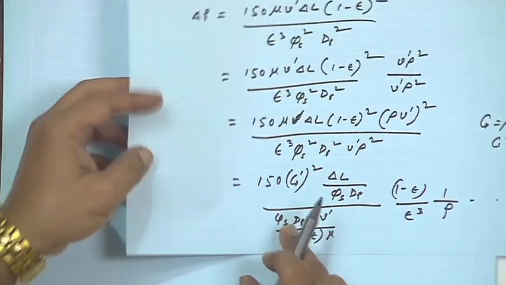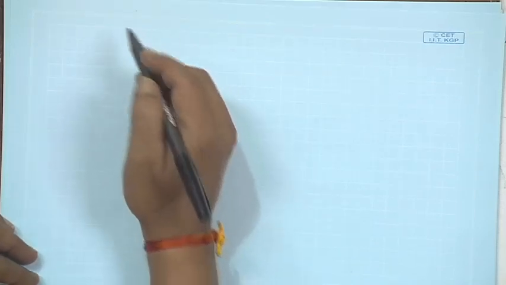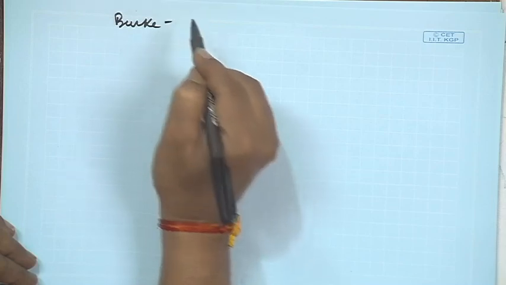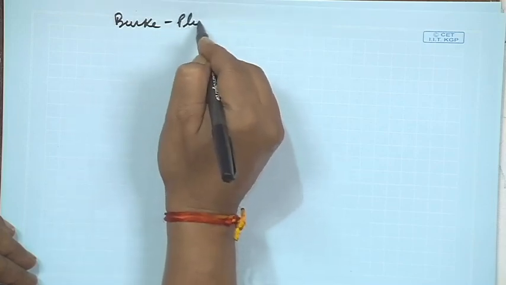So, let us keep it aside, and now from the other one, that is Burke Plummer, B-U-R-K-E, P-L-U-M-M-E-R.